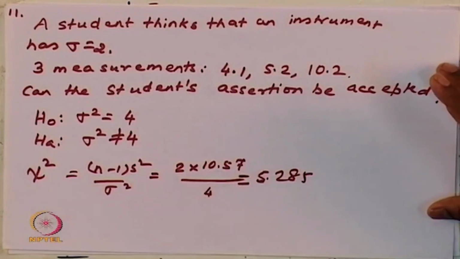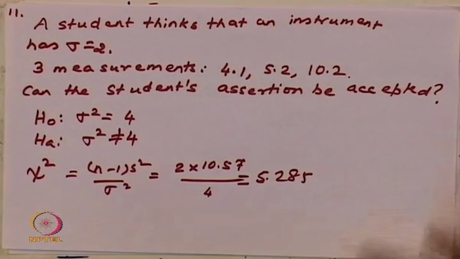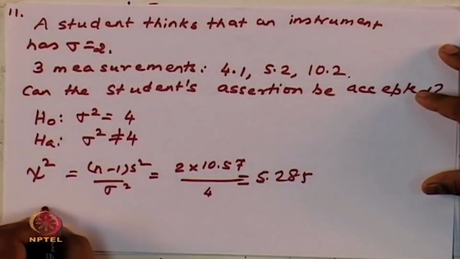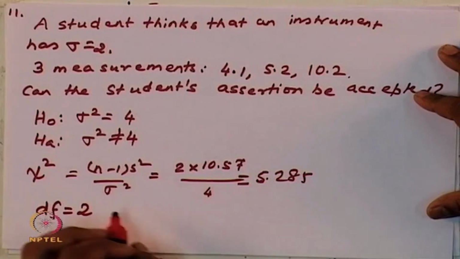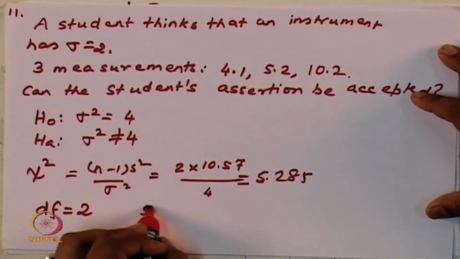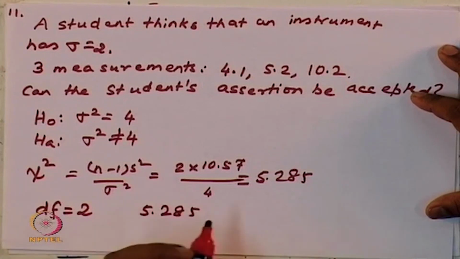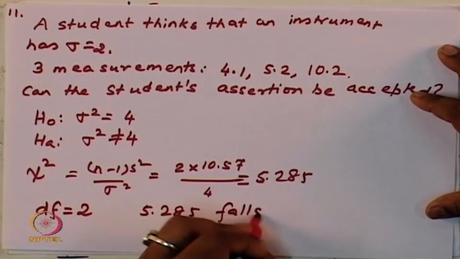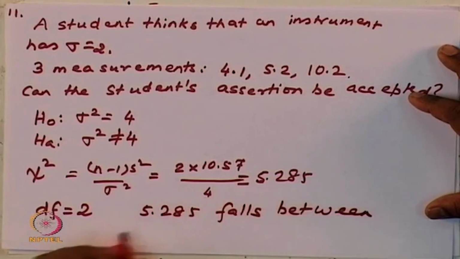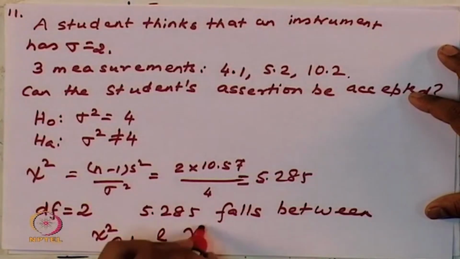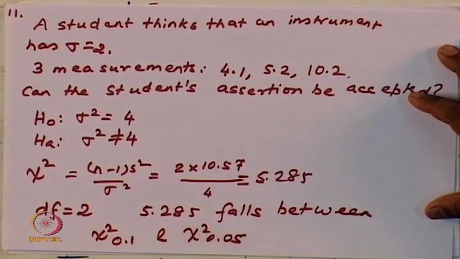Okay. You get a value of 5.285. Okay. So, for df equal to 2, this value 5.285 falls between chi square 0.1 and chi square 0.05.